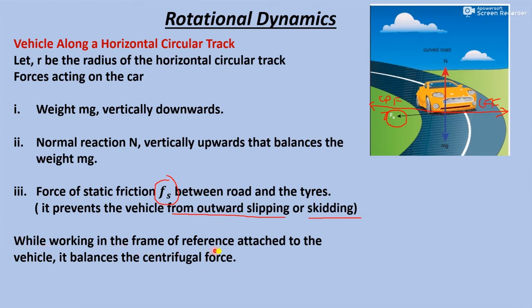While working in the frame of reference attached to the vehicle, it balances the centrifugal force. I already explained that the force of static friction plays the role of centripetal force, and under the frame of reference, the centrifugal force balances with the centripetal force.